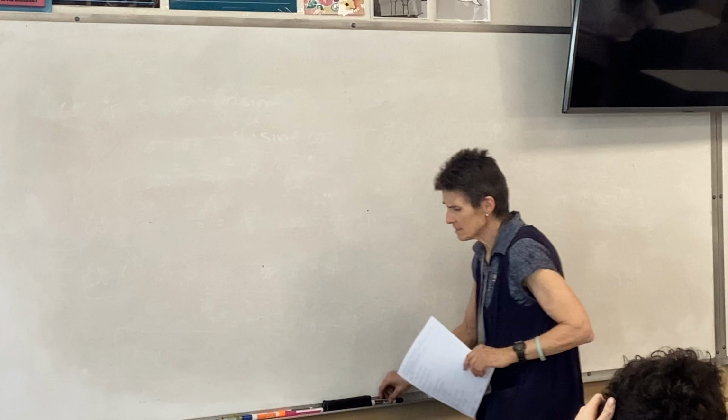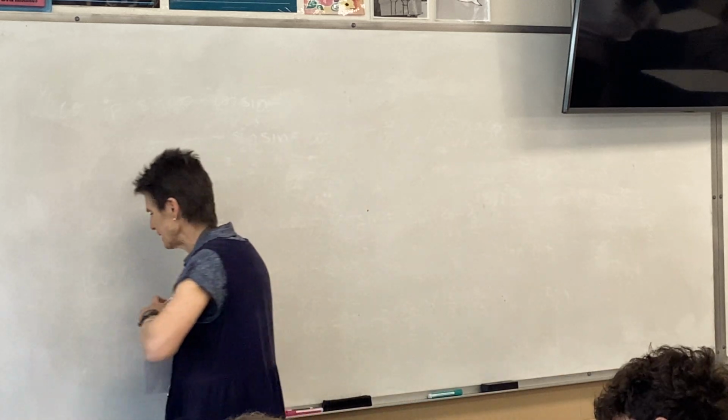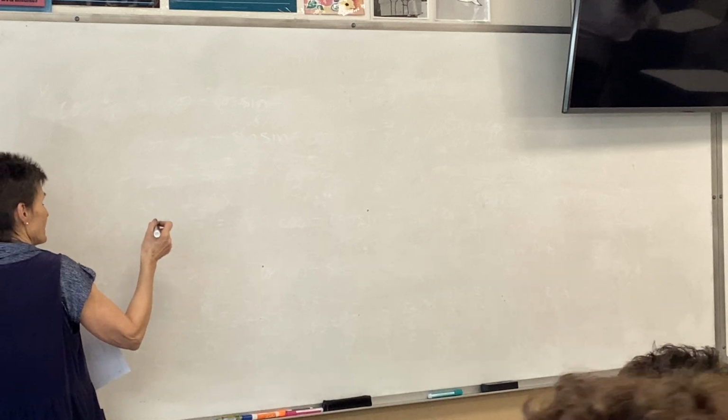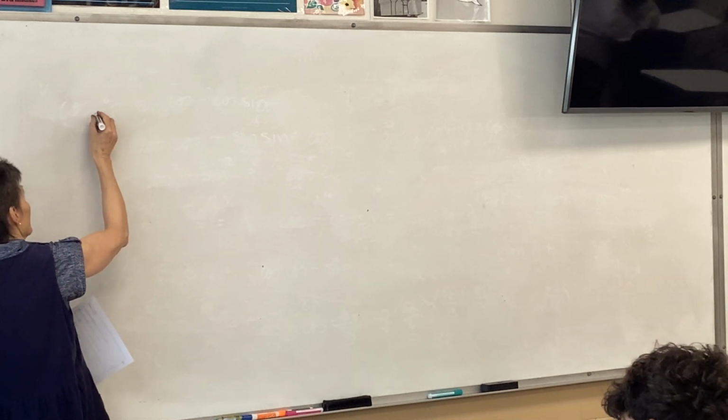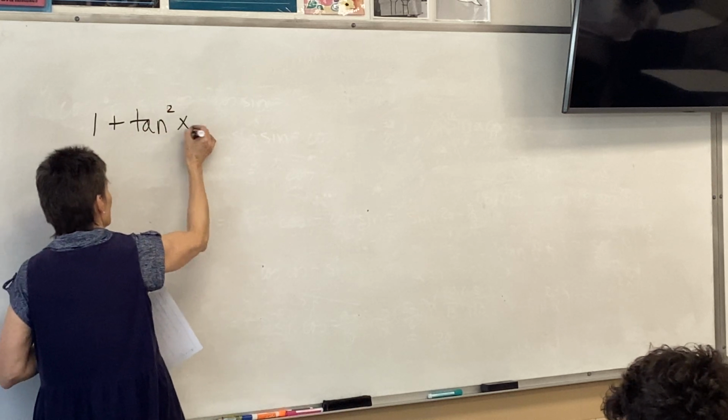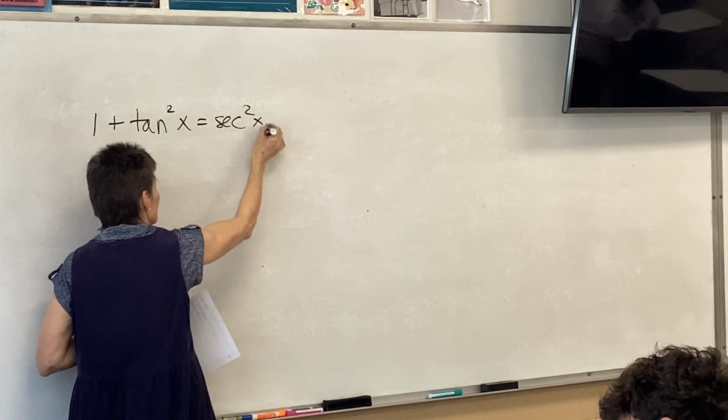Now, statement 2. What is the Pythagorean identity that connects secant squared and tangent squared? 1 plus tangent squared is secant squared.